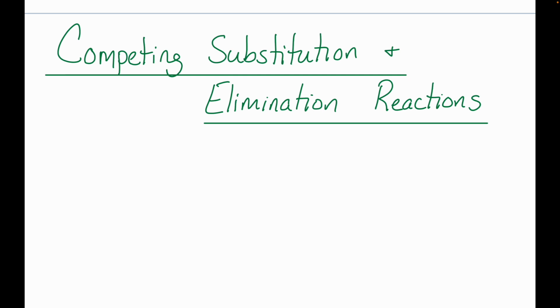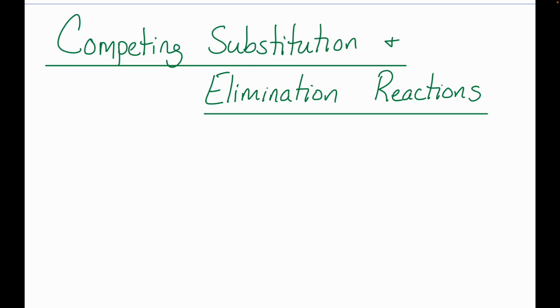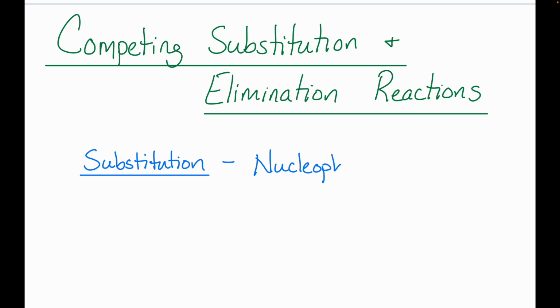Okay, so first of all, let's talk about why there is a competition between these two. We talked about how substitution reactions required what are called nucleophiles. And nucleophiles are these electron-rich molecules.